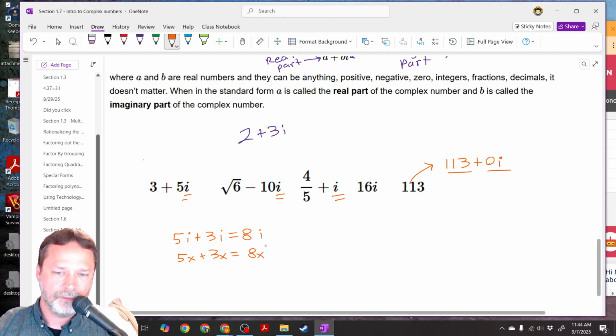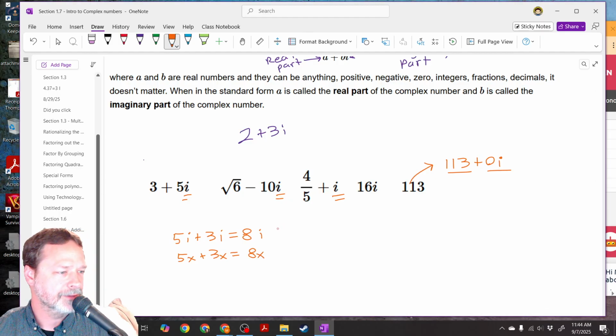The reason we can do that is because of distribution, and we still have those rules. All those still work perfectly well with these. So they're really not that tricky. But now we can handle things we couldn't handle before. So that's enough. That's our introduction to complex numbers.